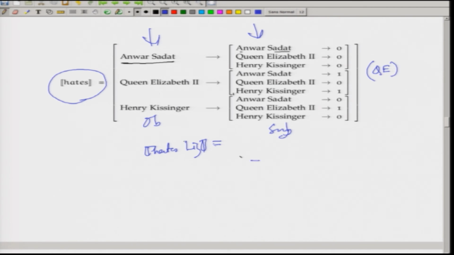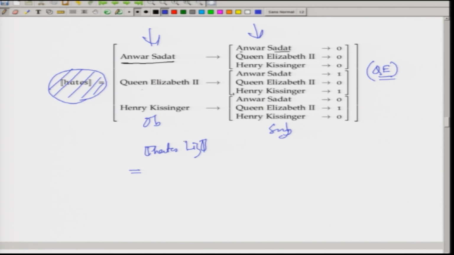And what does it yield? This thing, the denotation of hates Liz, is actually this function that comes out.